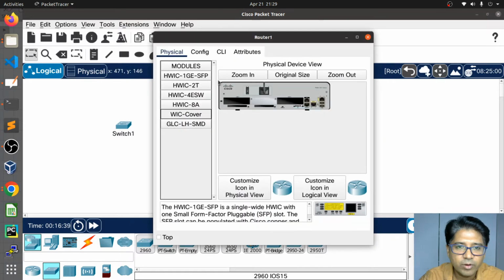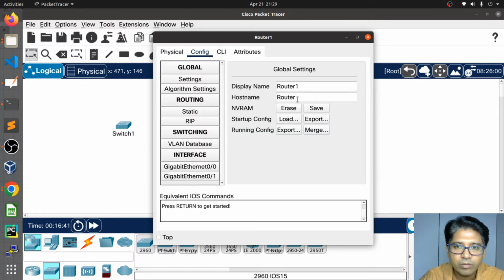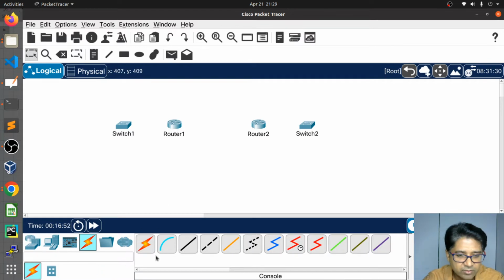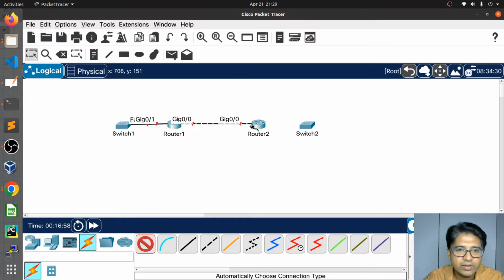Till here clear? Let's connect. I'm going to use the connector. This Ethernet is connected with a crossover, followed by a straight-through.